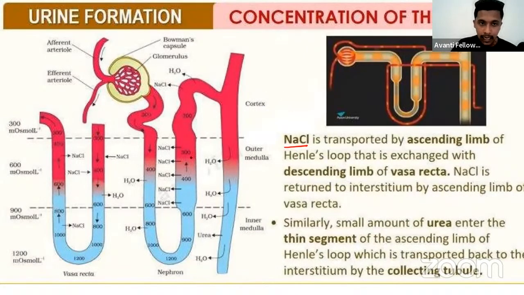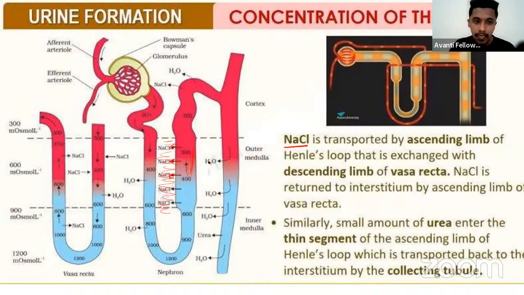NaCl in the ascending limb of the loop of Henle is exchanged. The ascending limb of the loop of Henle gives back NaCl to the interstitium. As the NaCl accumulates in the interstitium, what is the interstitium? The interstitium is the space between the two loops. The space occupied by the portions where the nephrons are not, the gaps in the nephron, is called the interstitial space.